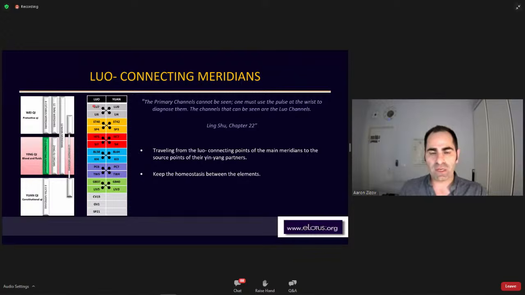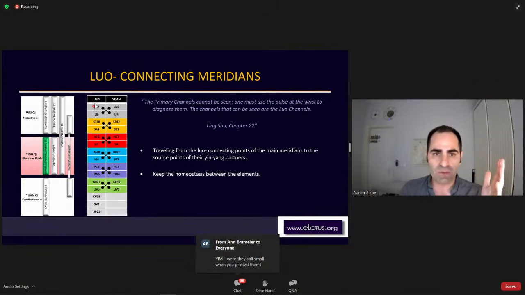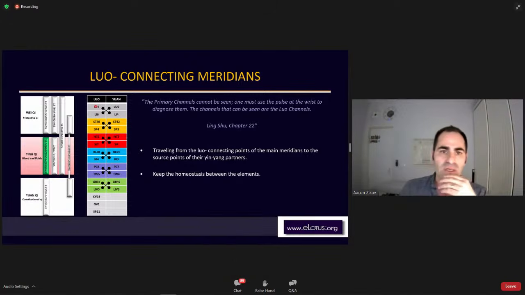Sometimes it will be possible to see the imbalance, mostly, as I mentioned yesterday, in the discoloration, the changes in the color of blood circulation. So many practitioners also tend to bleed these points to get rid of the excess, because we use Luo points from the meridian that is in excess, and we try to direct the chi to the partner which is more deficient.